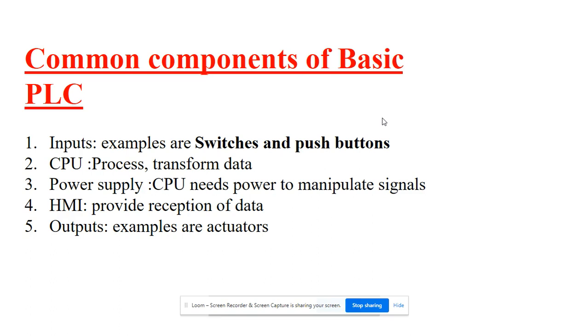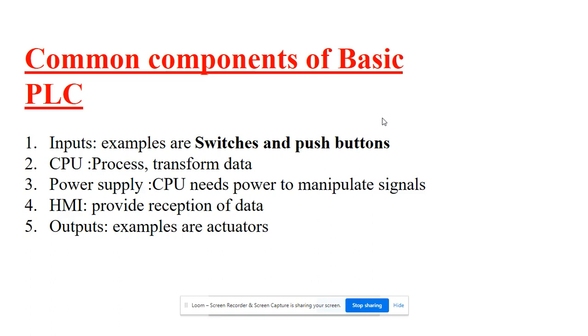CPU stands for Central Processing Unit. This is the module that processes and transforms the data from the input to the output. The other module is the power supply. The CPU needs power to manipulate signals. The other one is the HMI. HMI stands for Human Machine Interface.